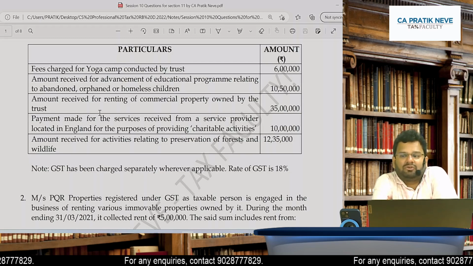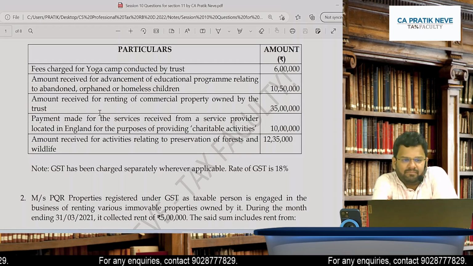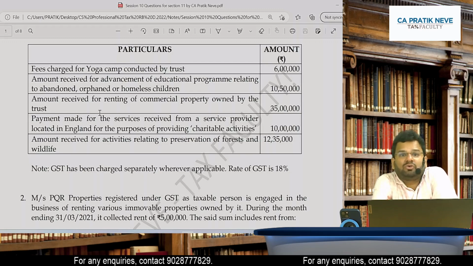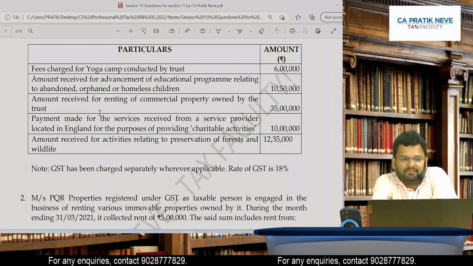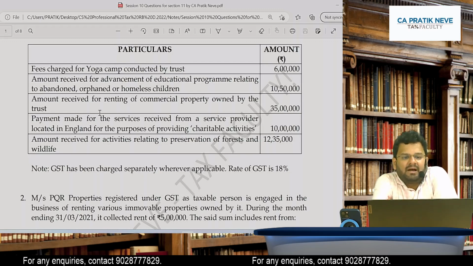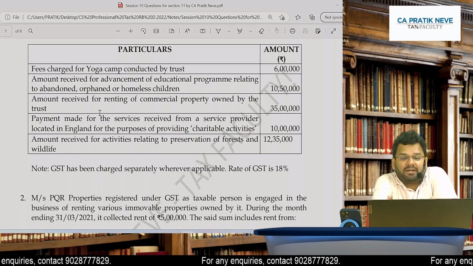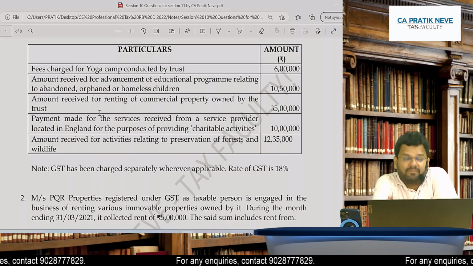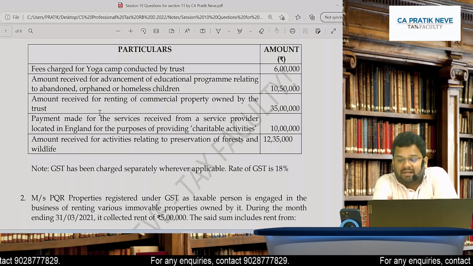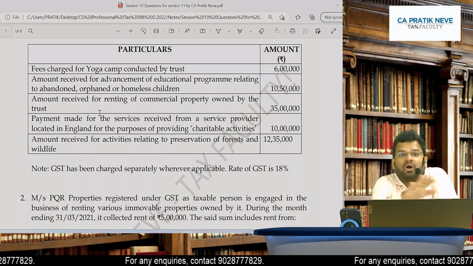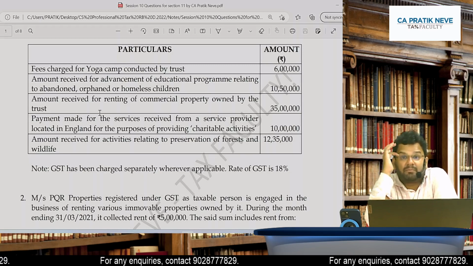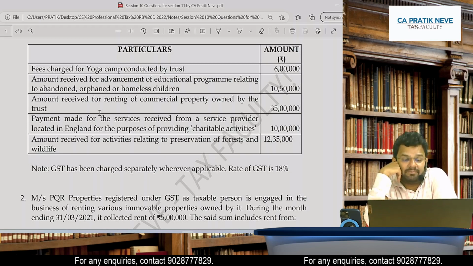This activity is also exempt because it is also a charitable activity. Amount received for renting of commercial property owned by trust. Such letting out of property is not an exempt supply because it is not a charitable activity.